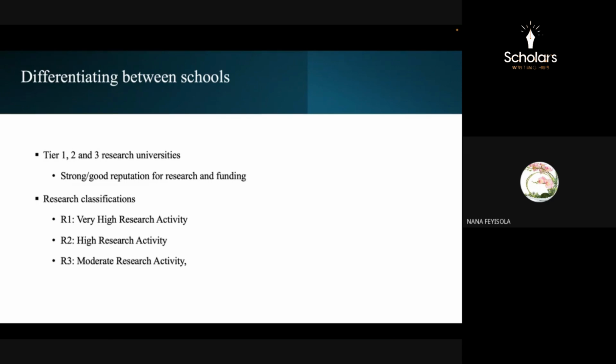So differentiating the schools, there are schools that have very high funding. So you can say we have different tiers of research universities. We have tier 1, 2, 3. These tiers depend on how strong the university's reputation is for research and funding. Take, for instance, schools like MIT, which has very good funding.